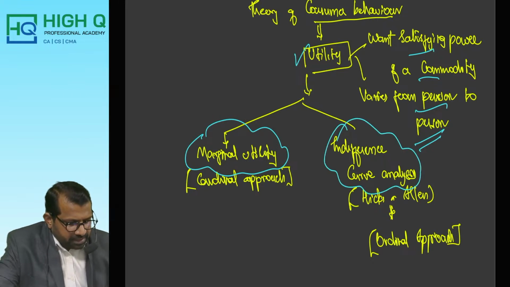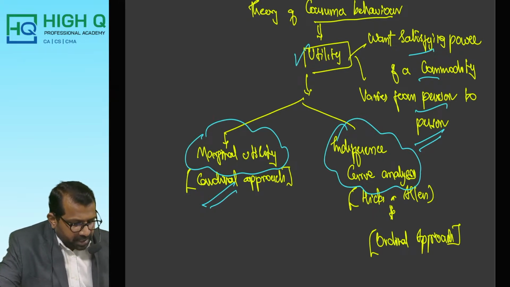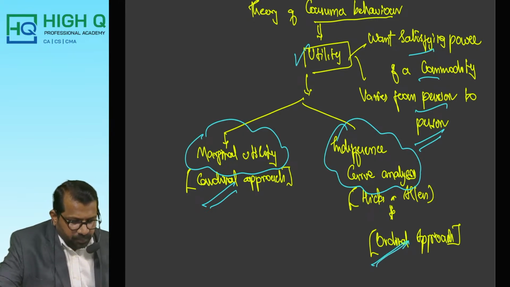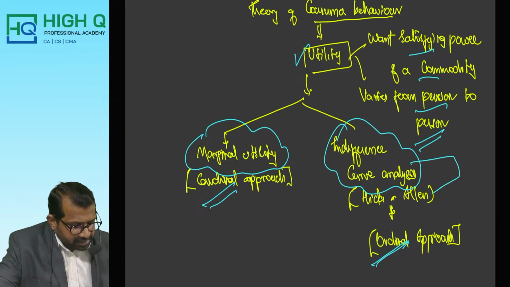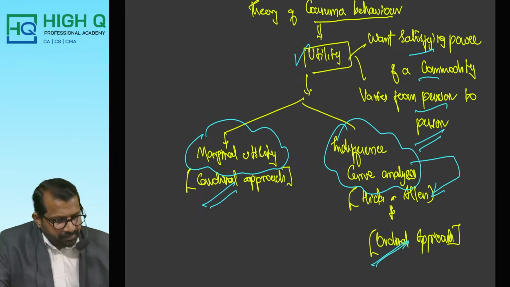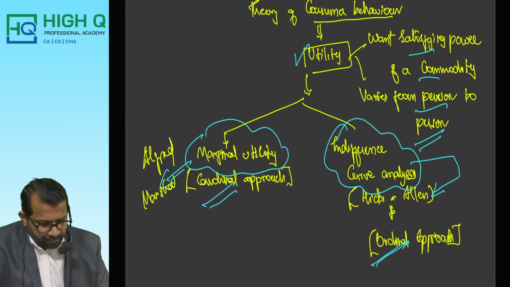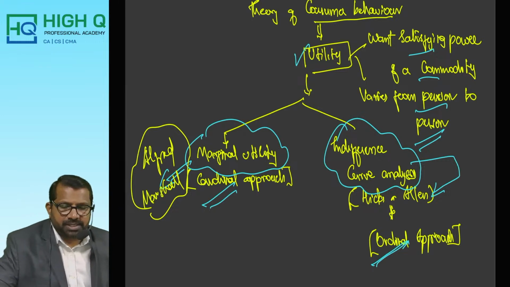Marginal utility deals with the cardinal approach. Indifference curve deals with the ordinal approach, and indifference curve analysis was derived by Hicks and Allen. But marginal utility is by Alfred Marshall.